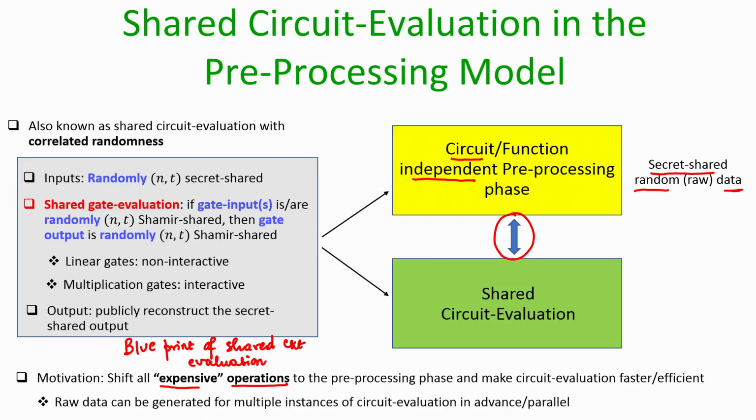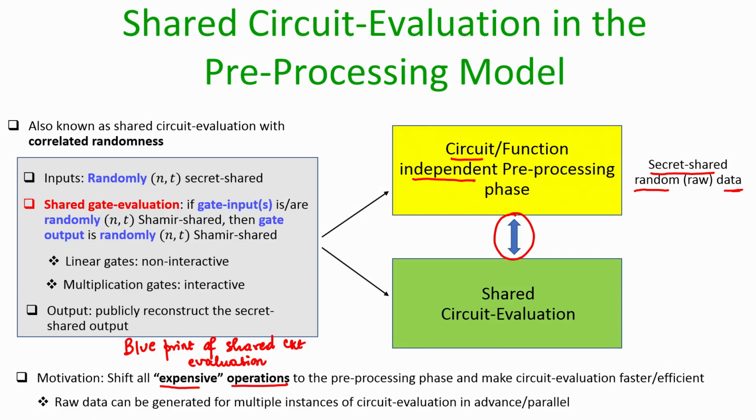Why is this approach interesting? Because the pre-processing is independent of the actual function or computation the parties would like to perform, this raw data can be generated in abundance for multiple instances of shared circuit evaluation.